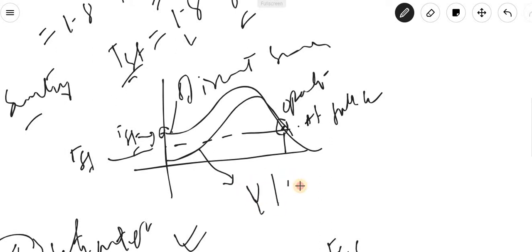For star delta, the starting torque is reducing here, and here the starting torque is that much. So you have to be careful about this.